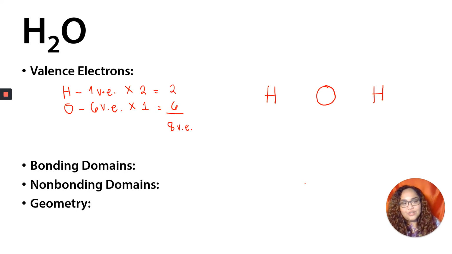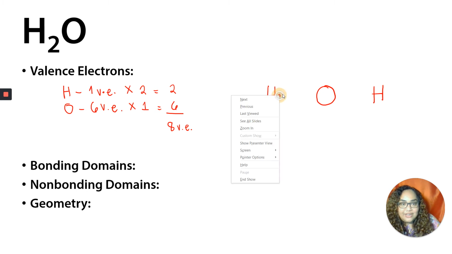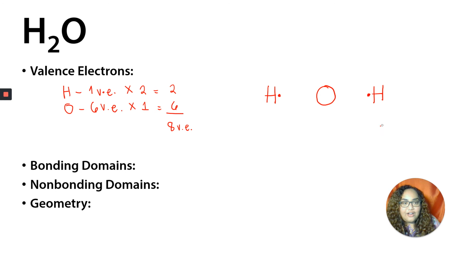Now, hydrogen only has 1 electron, so we'll just write a dot here. And then oxygen will have 6 valence electrons. So we'll write that like this.